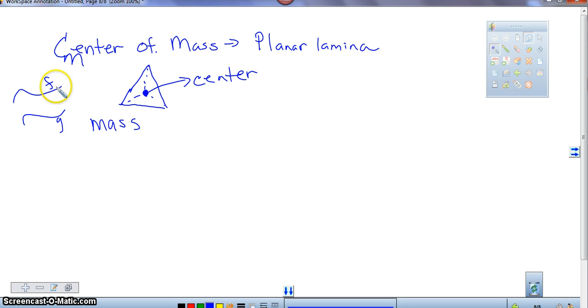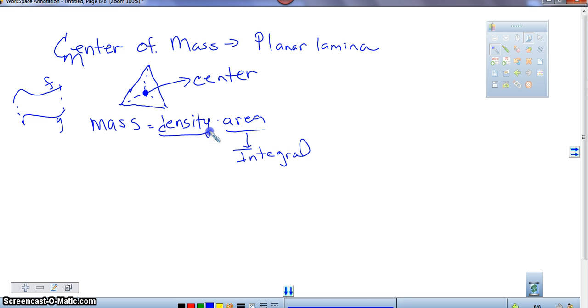To find the mass, if I would give this plane some sort of mass, it's equal to the density times the area. And so the key word for us there is area, because we know how to find the area between f and g. That'll be an integral. So we're going to integrate that.